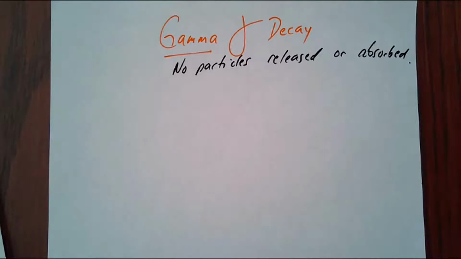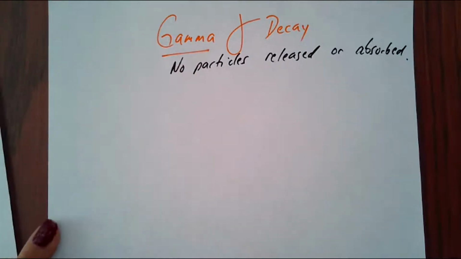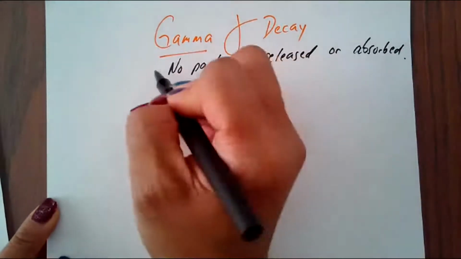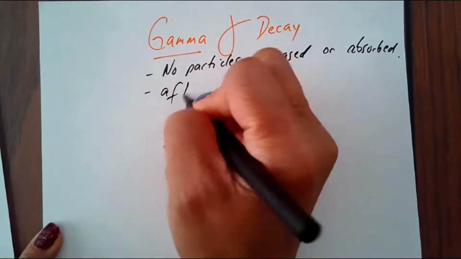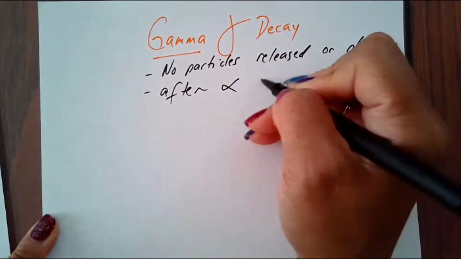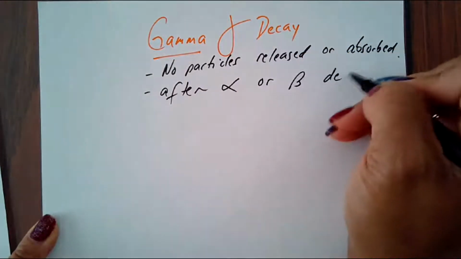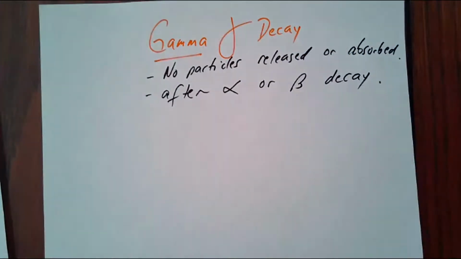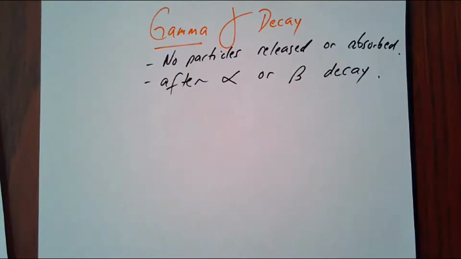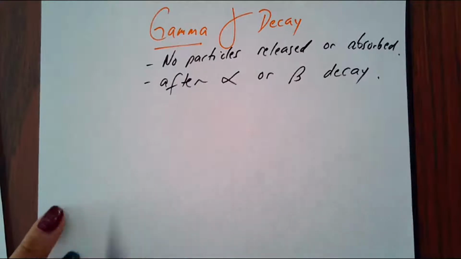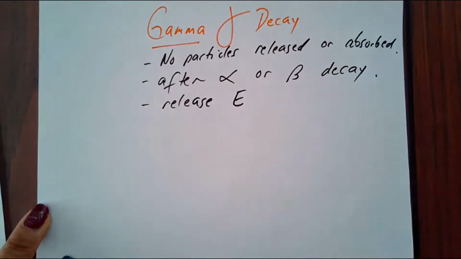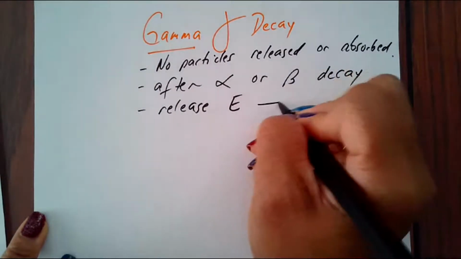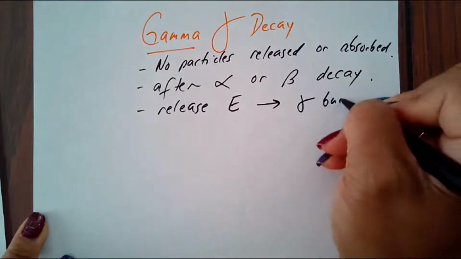It's pure energy, or a gamma burst. A gamma decay happens most often after an alpha or a beta decay. The nucleus has gone through a lot and it's been jiggled so much that it needs to release energy somehow. It has to release this extra energy in the form of a gamma burst.